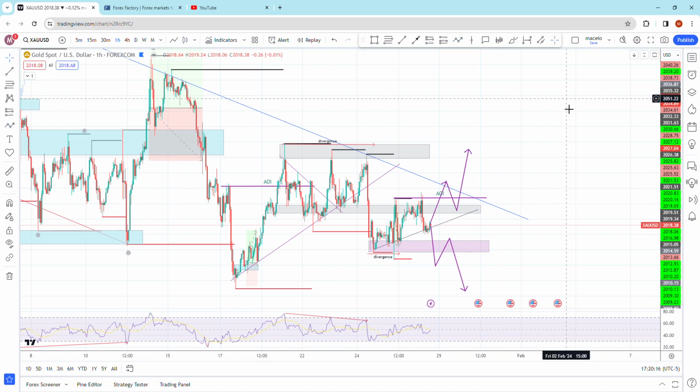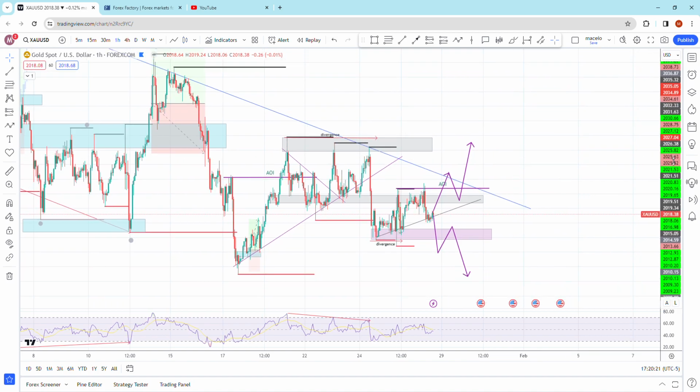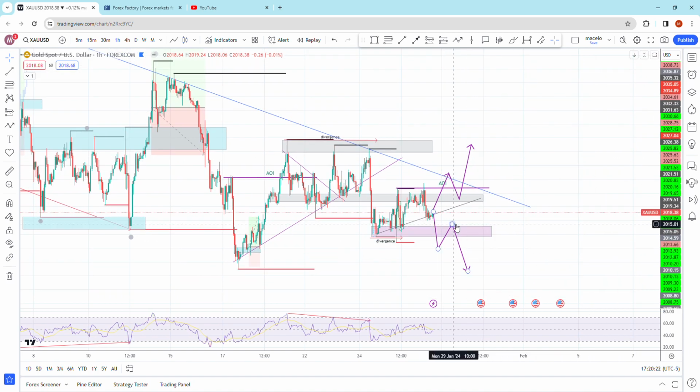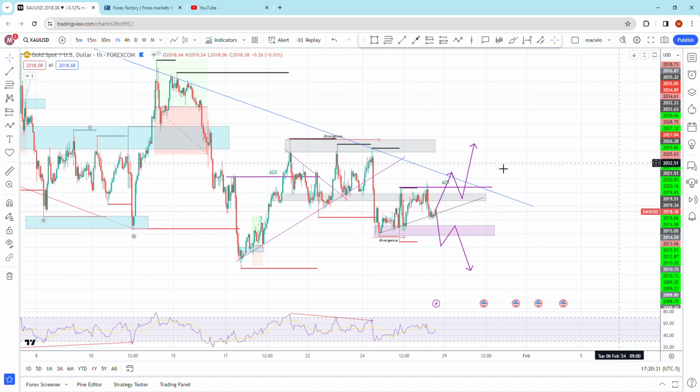I usually don't like doing plays like that. I like to be on one side bias, where I just focus more on one trade at a time. But this is a setup where there's two ways price can go at the moment, because it's in a funny area. It's respecting this area as support at the moment, but it's also respecting it as resistance.